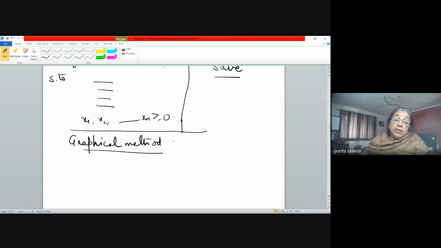Now since it's graphical, that means we'll be plotting it, so we'll be restricting ourselves to only 2 variables. कांस्टेंट्स जितने मर्जी हो, बट हमारे वेरिएबल्स हमारे पास सिर्फ 2 ही होंगे। Why 2? Because we are going to plot them.